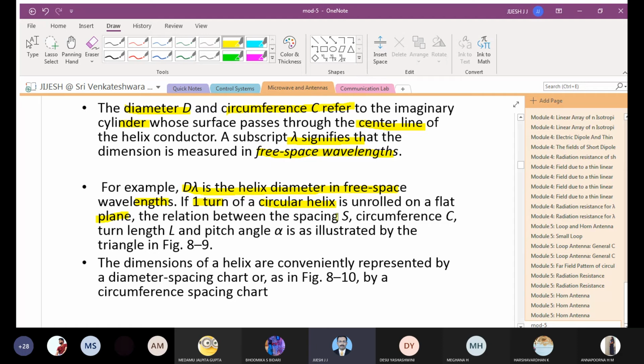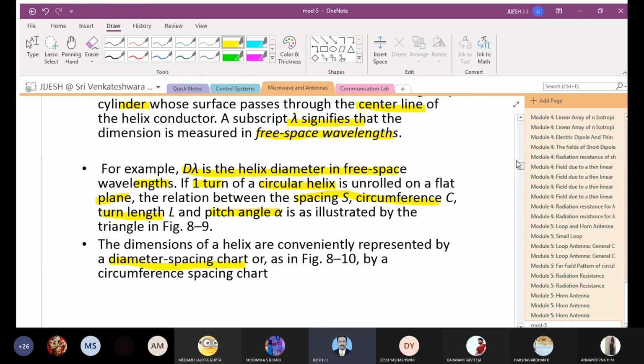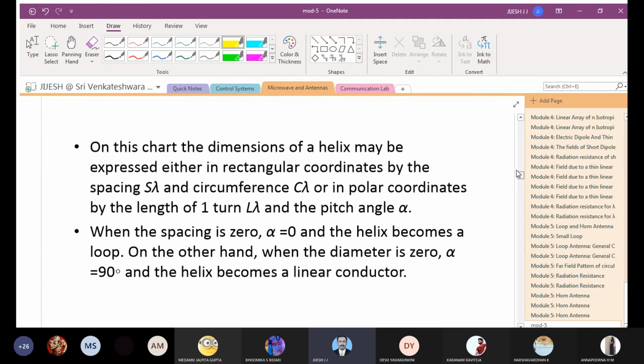The relation between the spacing S, the circumference C, the turn length L, and the pitch angle alpha is illustrated in that figure. The dimensions of the helix are represented by a diameter spacing chart, and also a circumference spacing chart, which we have already discussed.